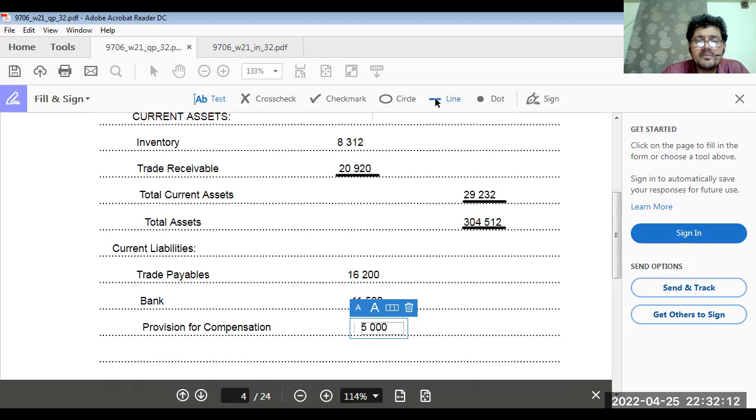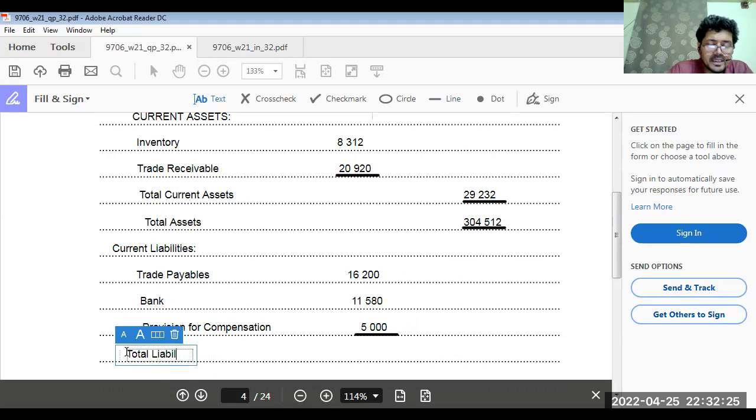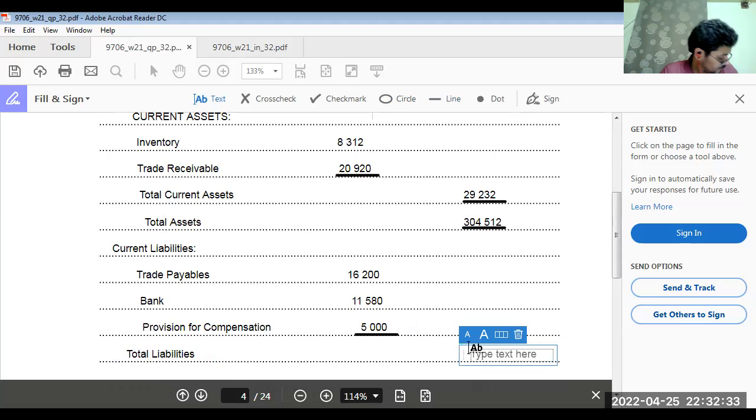So altogether, total liabilities we have 16,200 plus 11,580 plus 5,000, 32,780.